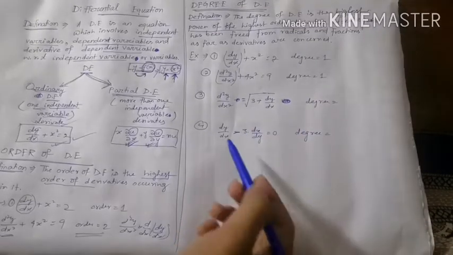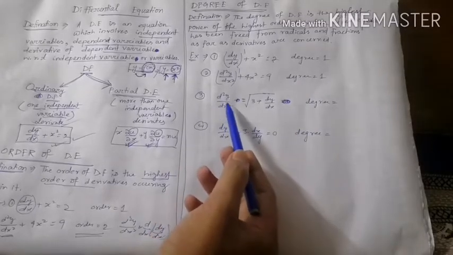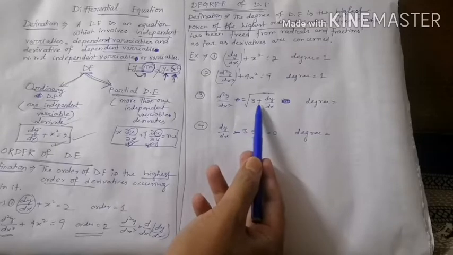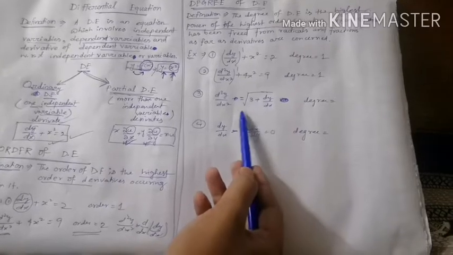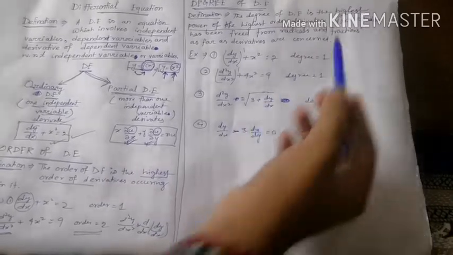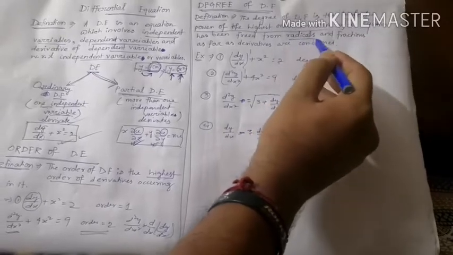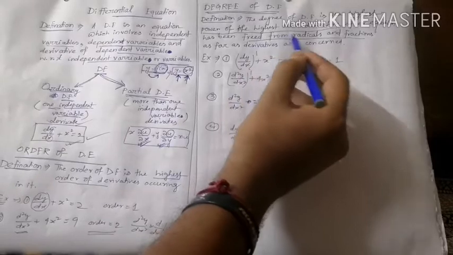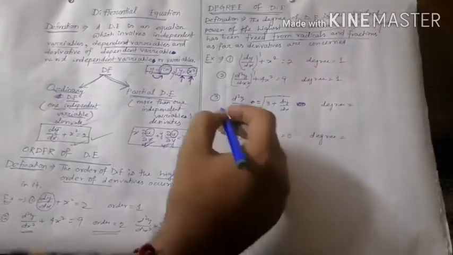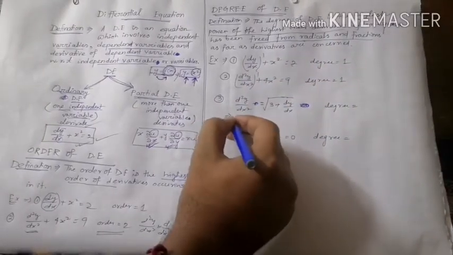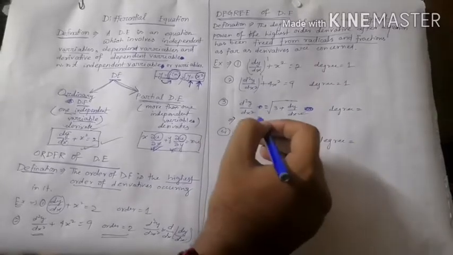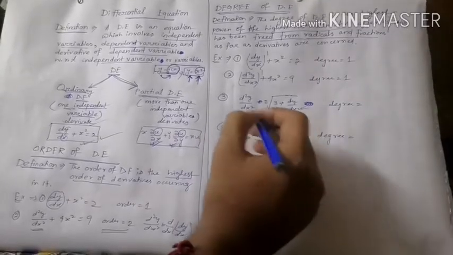Now the third example, d²y/dx² = root over of 3 + dy/dx. In this type of case, the last line is very important. The equation should be freed from radicals and fractions. So to find the degree of this equation, we will square both sides.